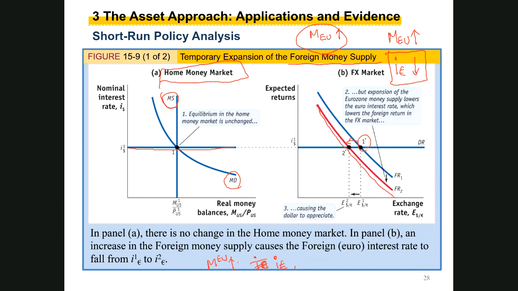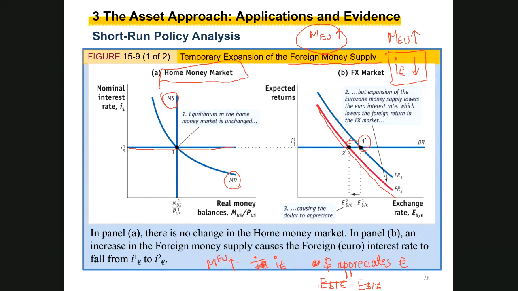So the dollar will appreciate against the euro, right? So how do we show it in the exchange rate notation?